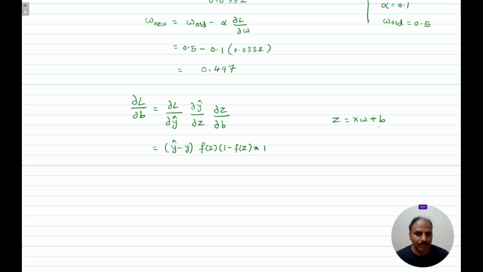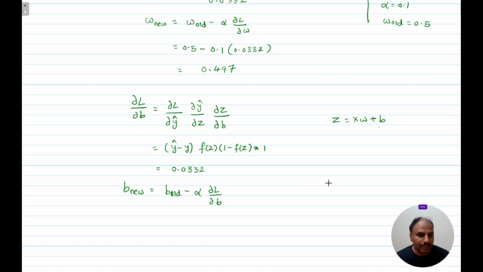So if I substitute this, it is again the same answer, because no more changes. Here x equal to 1 and here b equal to 1. So this will give you again the same answer, 0.0332. Now if I want to update the new b, B new is b old minus alpha into ∂L/∂B.